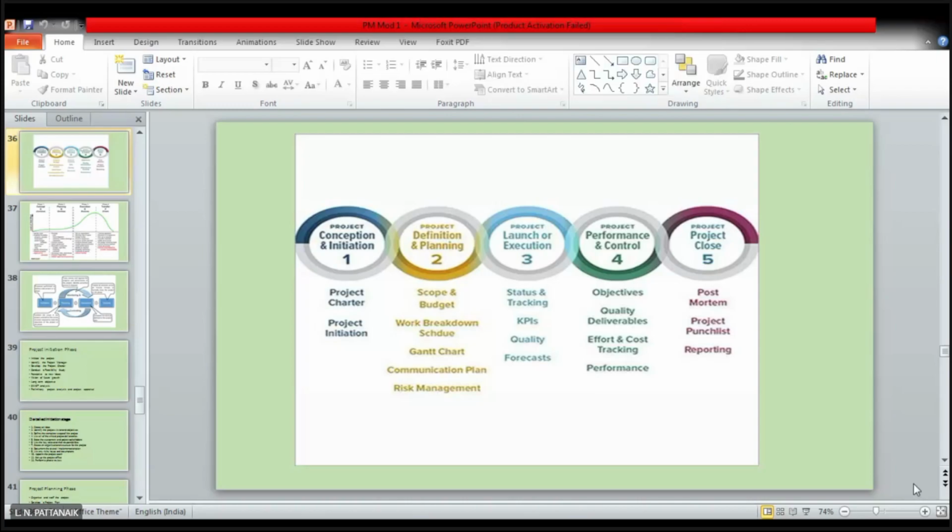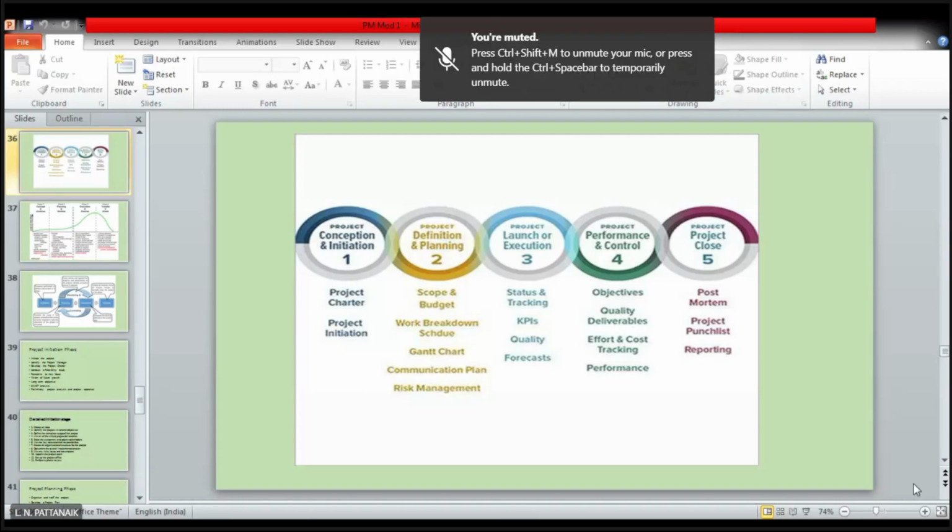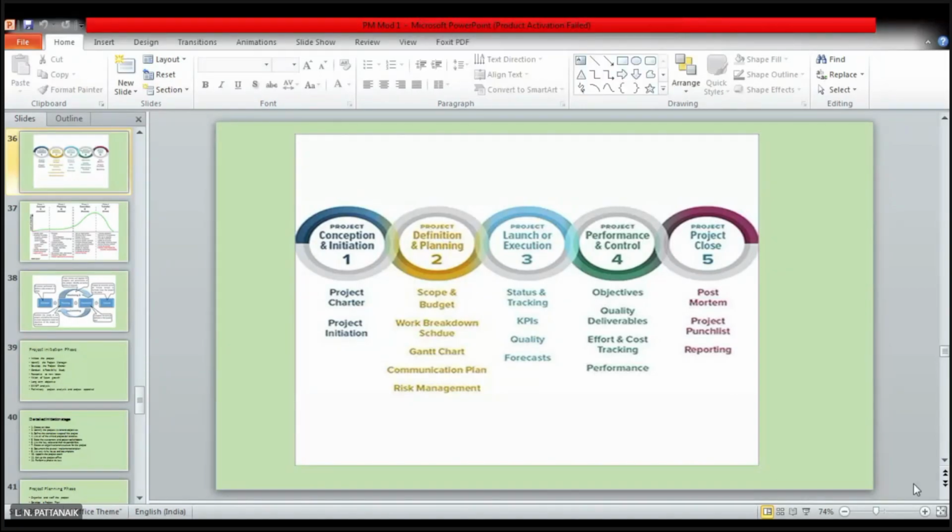There are some tests or assessments that happen during this first stage and second stage of initiation and planning. They look into the details of this project in various domains.